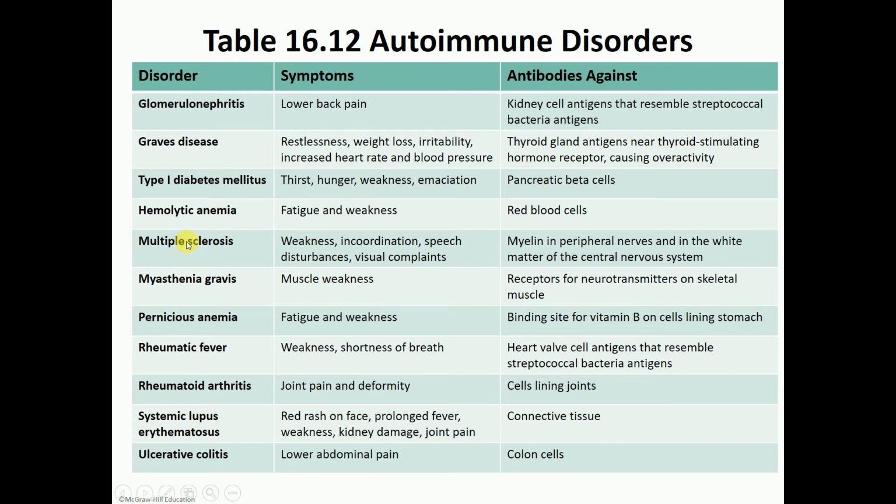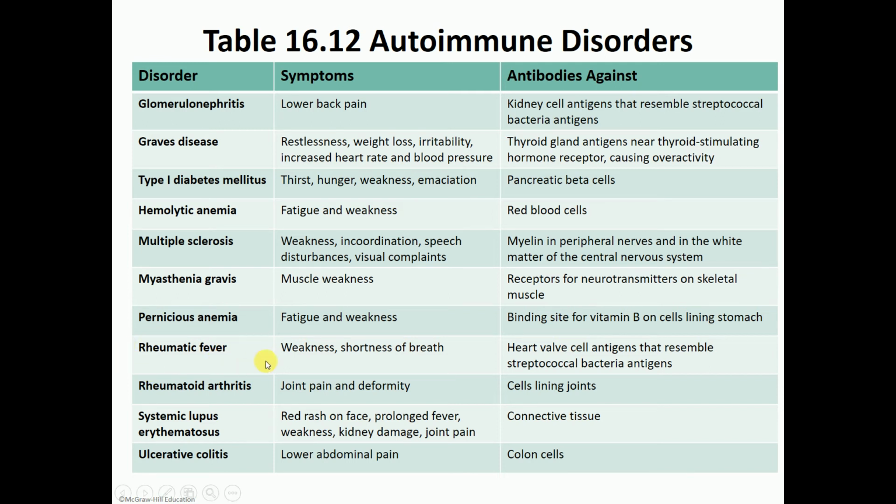MG, or myasthenia gravis, where antibodies are being made against the receptors for acetylcholine on the skeletal muscle. Pernicious anemia, making antibodies against the cells that produce intrinsic factor. Intrinsic factor, again, was important to absorb vitamin B.